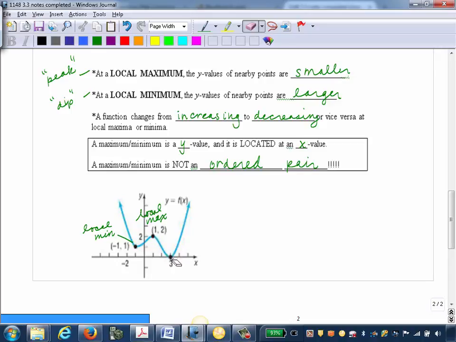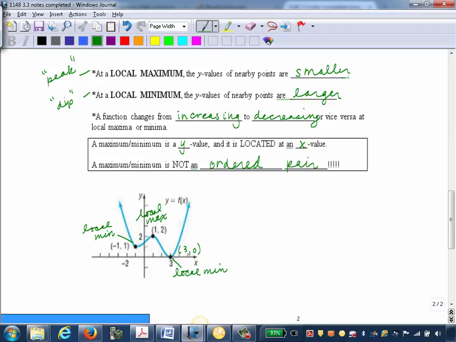This dip in the graph is another local minimum or local min. So this graph, because we know this point would be 3, 0, it has a local min of 0.